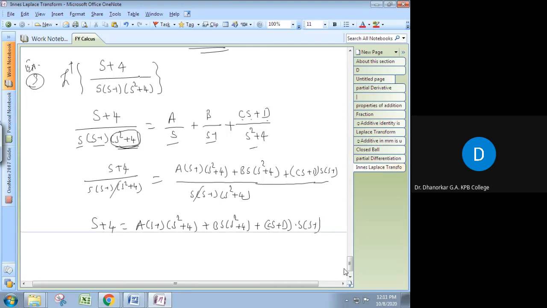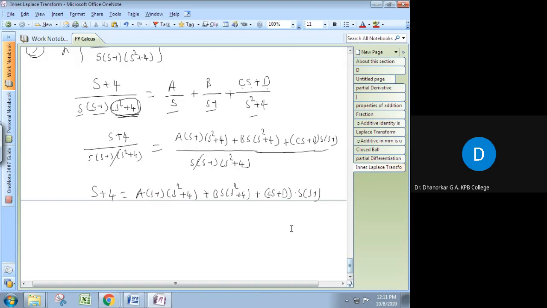Which term can we easily convert into 0 directly? If we put s equal to 1, then this term becomes 0. I will put s equal to 1, then 5 is equal to 0 plus b into 5 plus 0 again.